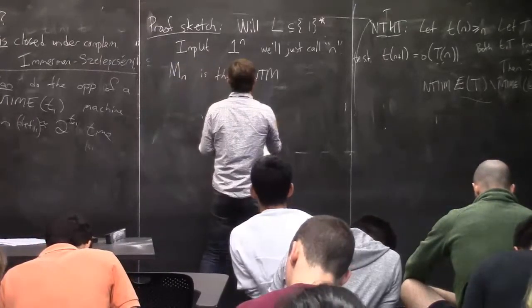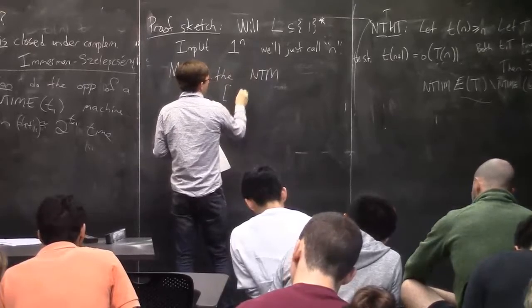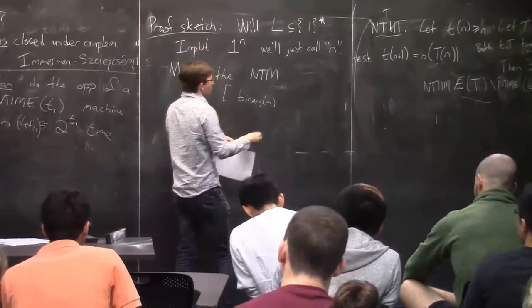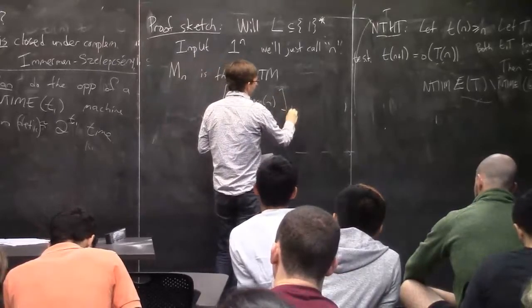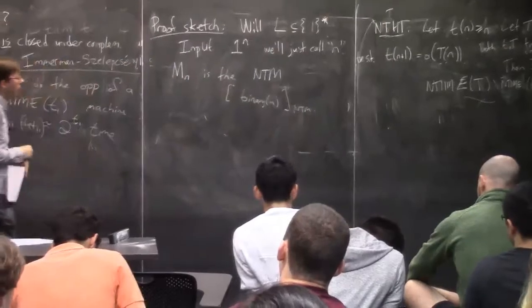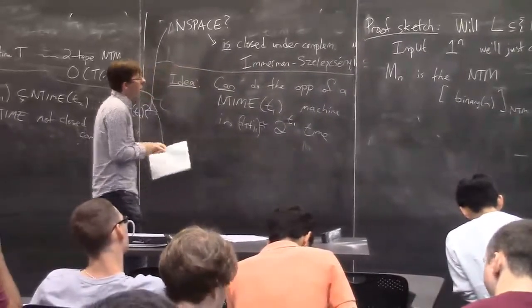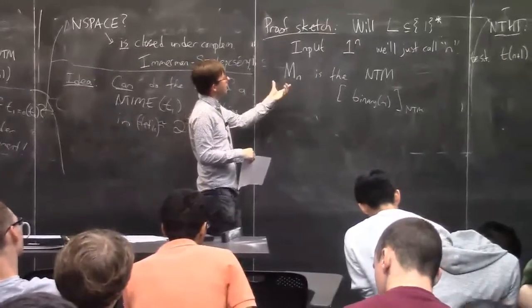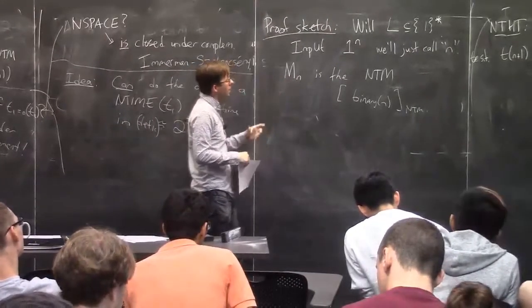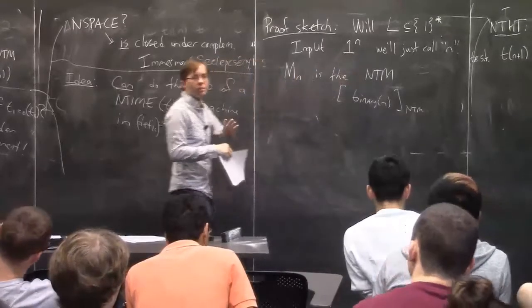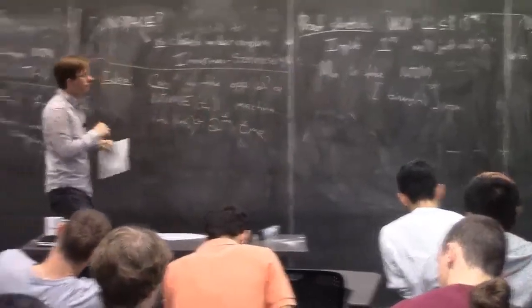We take the binary representation of n, so we get a bunch of 1s and 0s, and we take that as the encoding of a non-deterministic Turing machine. We're going to try to have an algorithm that diagonalizes against this Mn, but not necessarily on this input 1 to the n, but on some range of inputs.